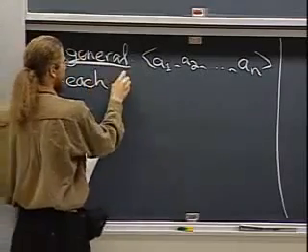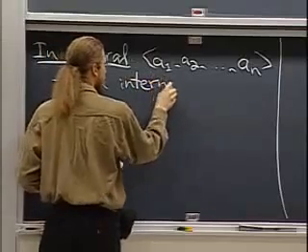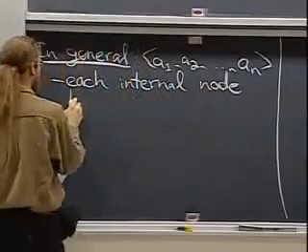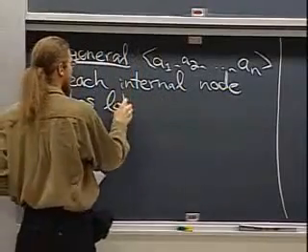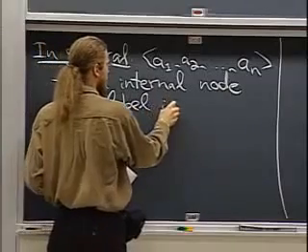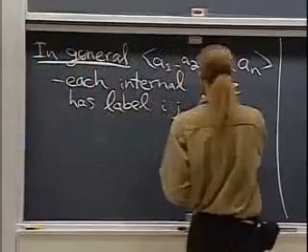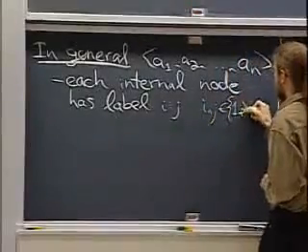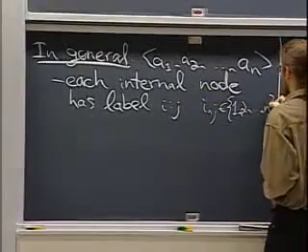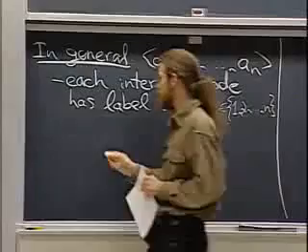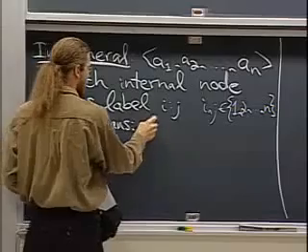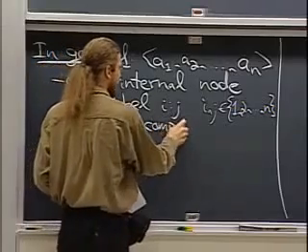Each internal node, so every non-leaf node, has a label of the form i:j, where i and j are between 1 and n. And this means that we compare A_i with A_j.